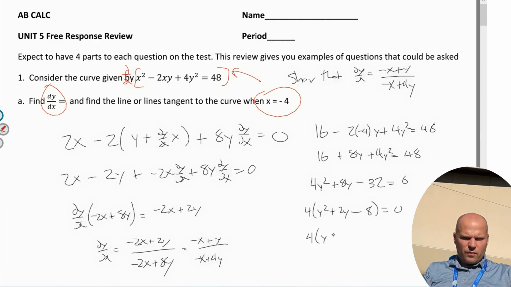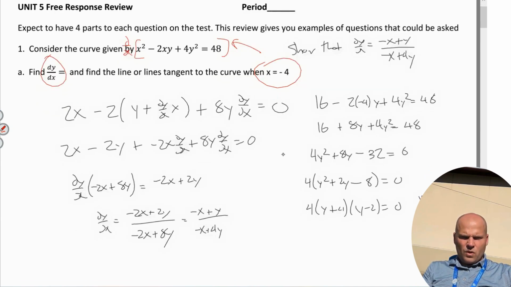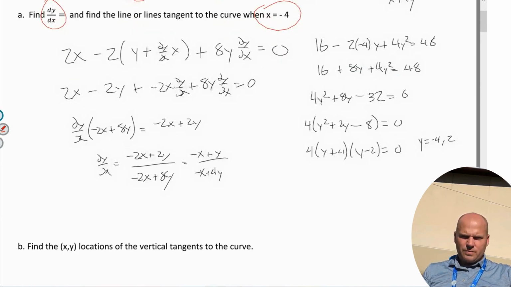Then factor this to get that there are 2 y's. Means there's 2 points. We got the point negative 4, negative 4. We got the point negative 4, 2.